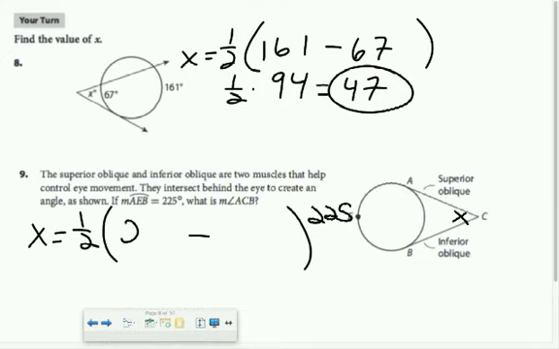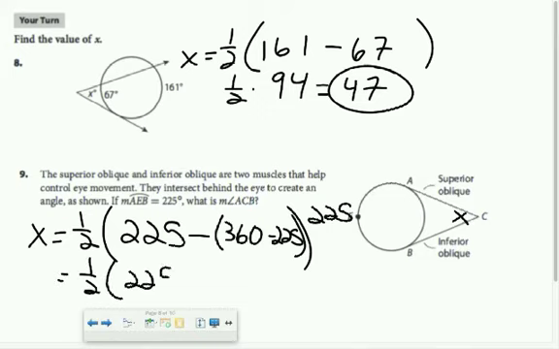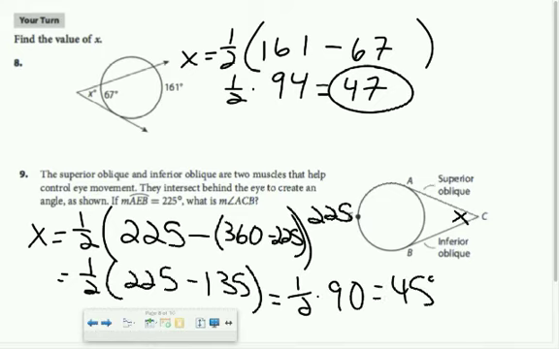The larger arc is that 225. The smaller arc is 360 minus 225. So that's 1/2 of 225 minus 135, which is equivalent to 1/2 of 90 or 45 degrees.